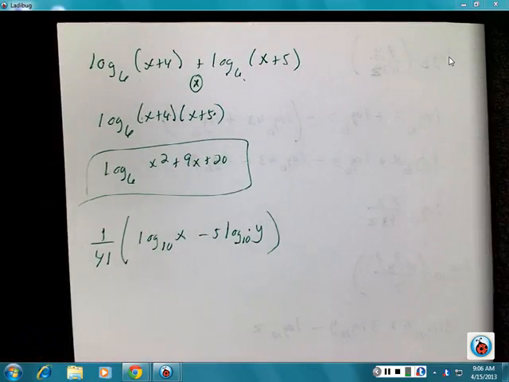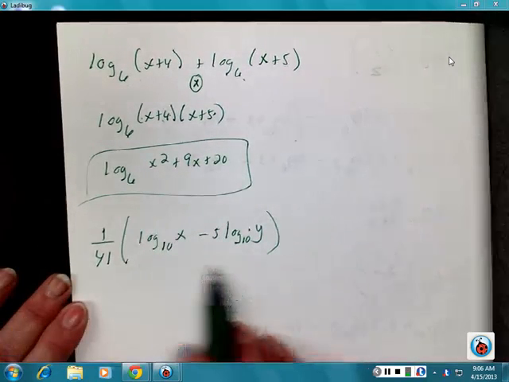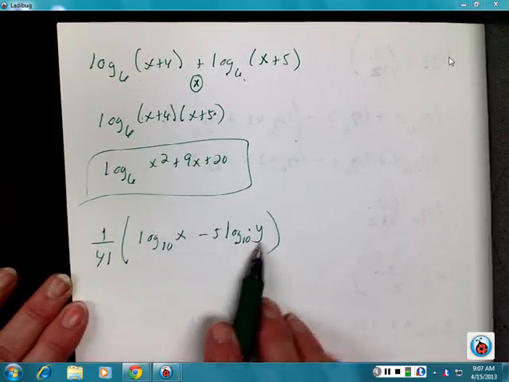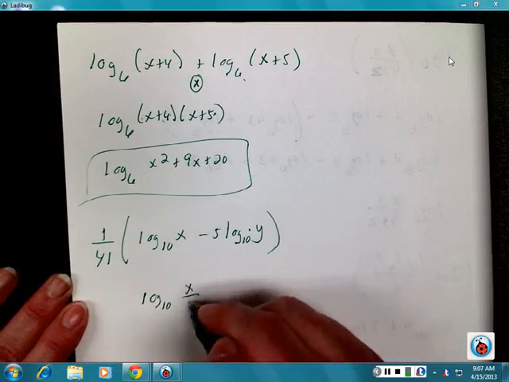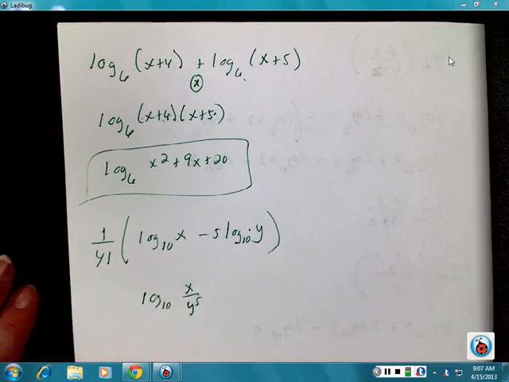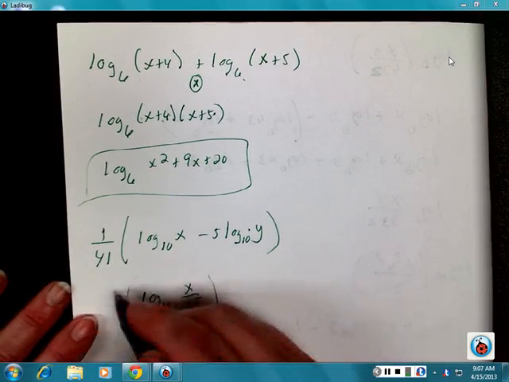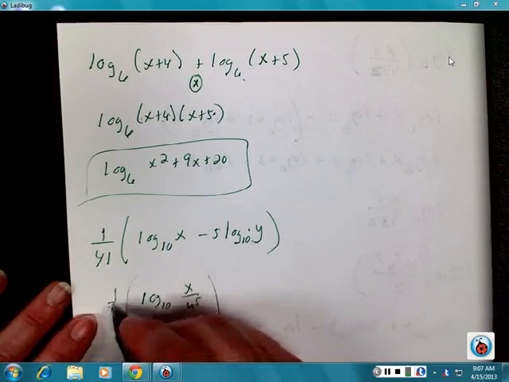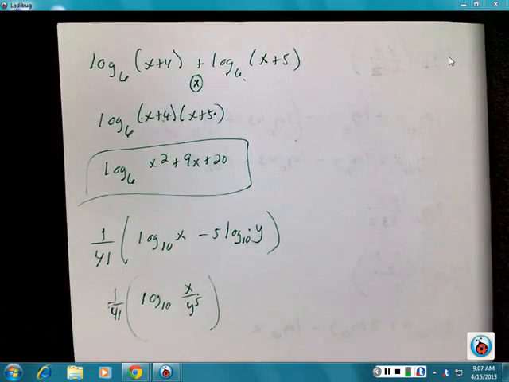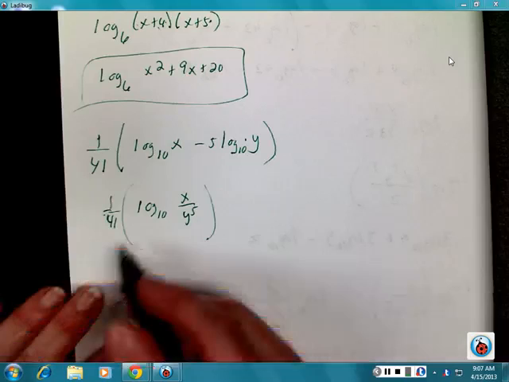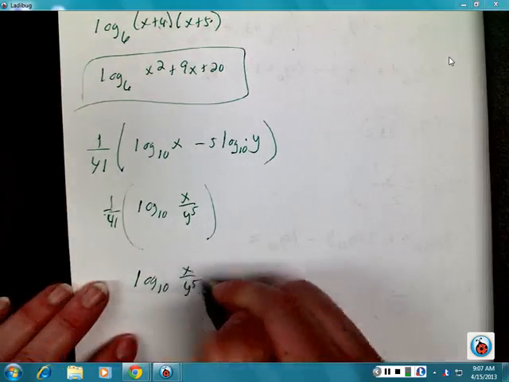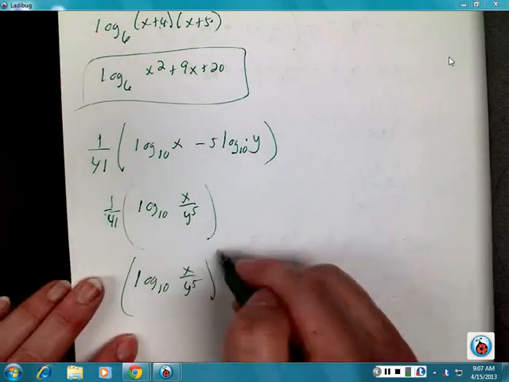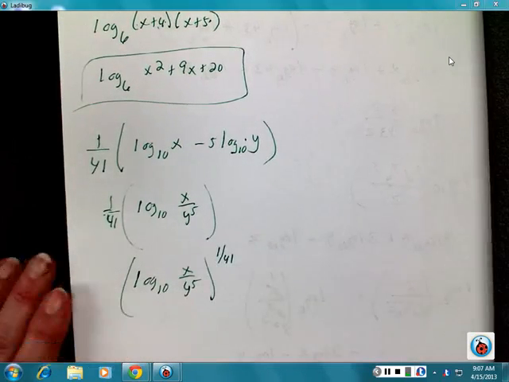And so this one means that if I put this piece back together in the center, it's log 10x over y to the 5th power. And then I've got that 41 out in front. So it's log 10x over y to the 5th raised to the 1 over 41st power.